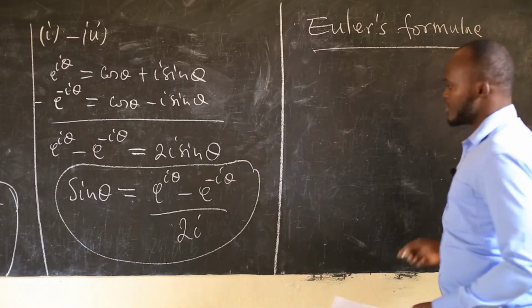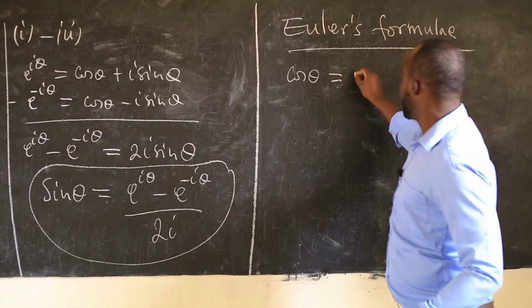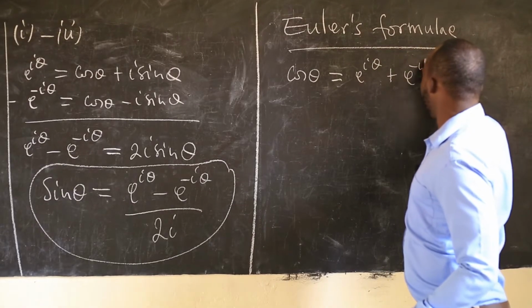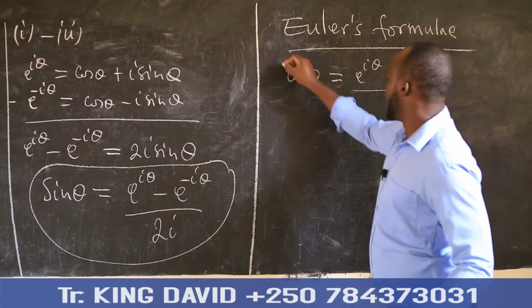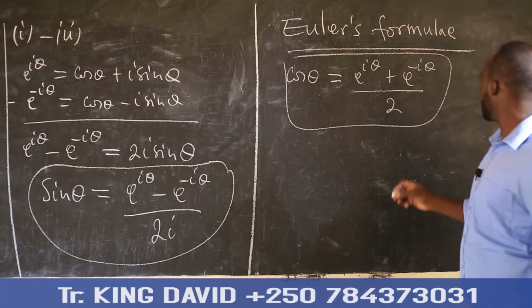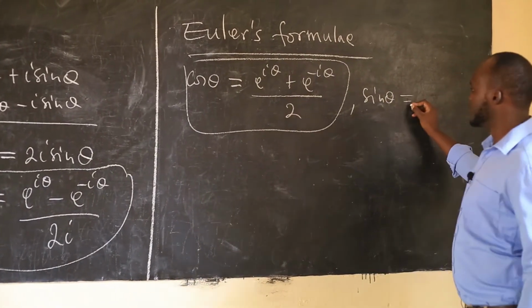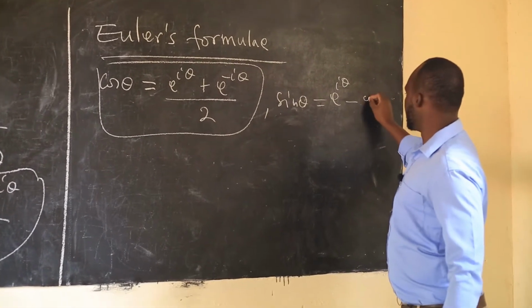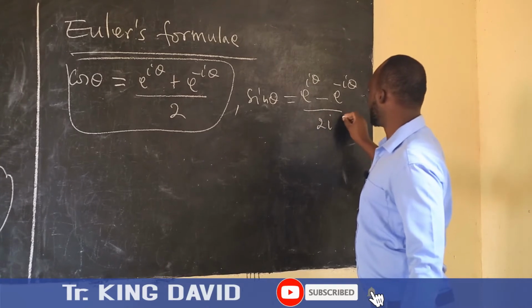So Euler's formulas are: cos angle equals e power i angle plus e power negative i angle divided by 2, and sine angle equals e power i angle minus e power negative i angle divided by 2i.